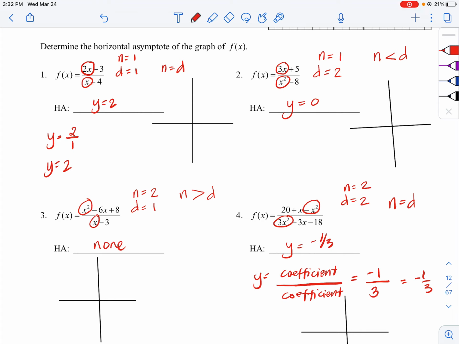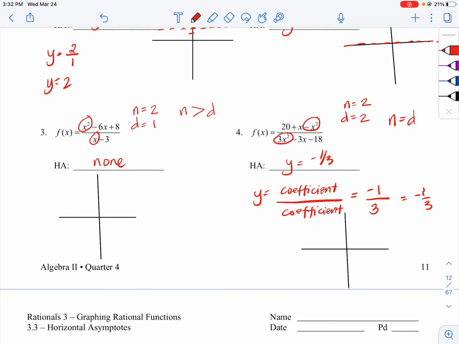My horizontal asymptote is y equals 2. So I have a horizontal asymptote in there. And then here is a 0. So the x-axis itself is our horizontal asymptote. This one is none, so I don't have to draw anything. Here is a negative 1/3. So it's a horizontal line over here. All right, there you have it.